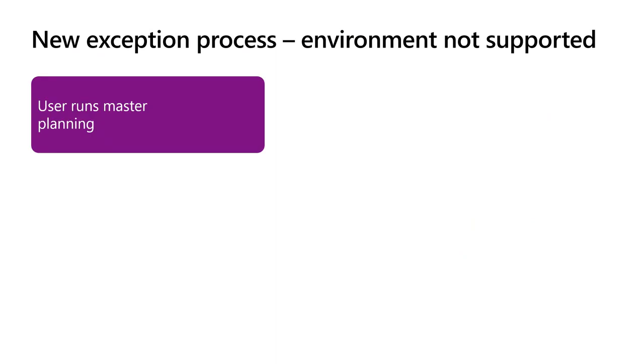If you run master planning on environments which are not supported for planning optimization, such as Tier 1 developer environments, when the version is 32 or higher and a user runs master planning manually, it will not be triggered when running Classic Planning as a batch job.